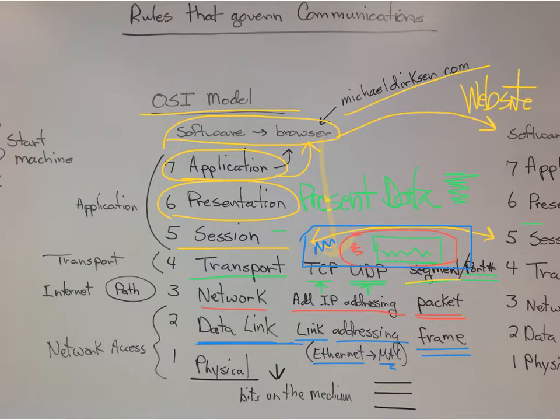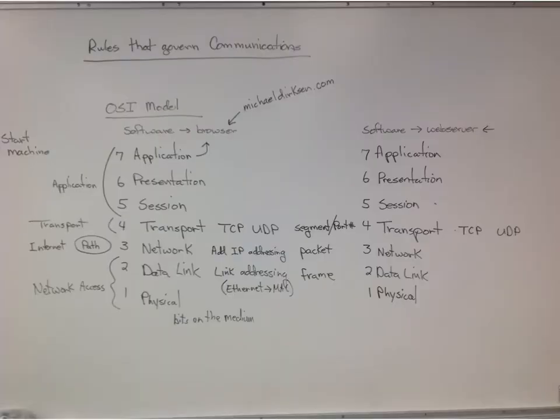Let's look at the whole picture here. So I have a browser. I type this URL in it. Eventually, domain name services looks up and gets us an IP address of the destination, this web server.